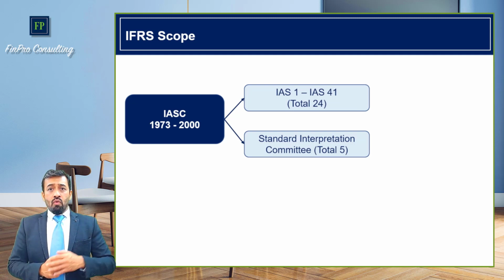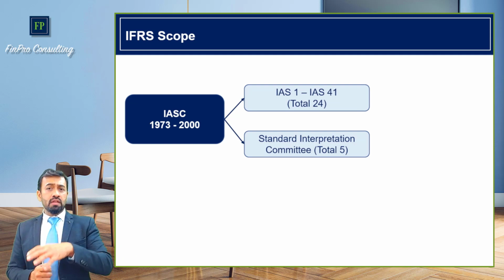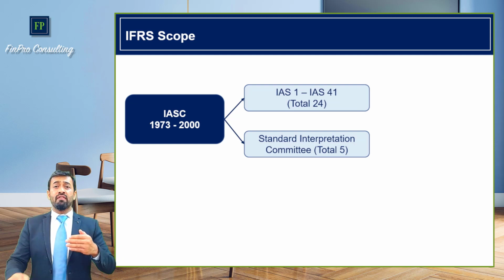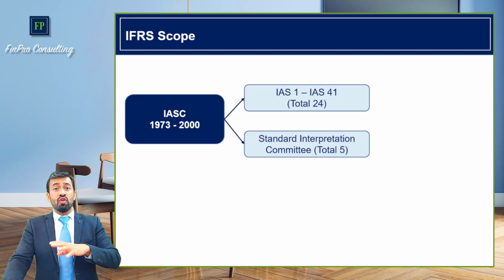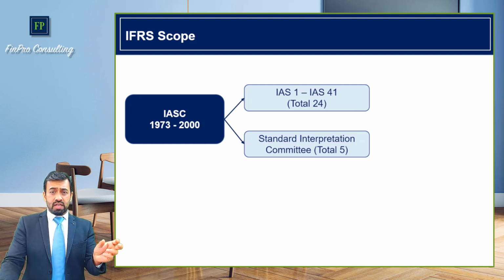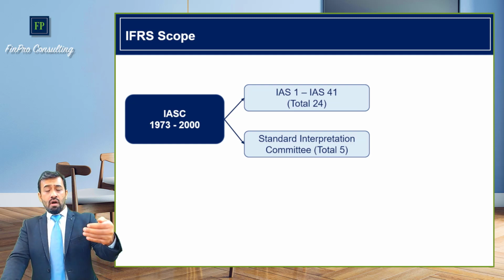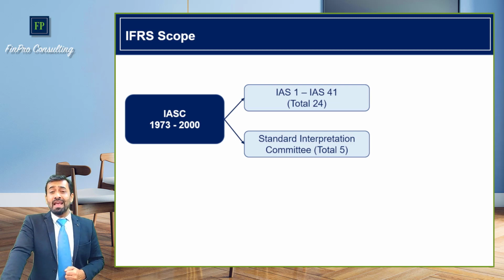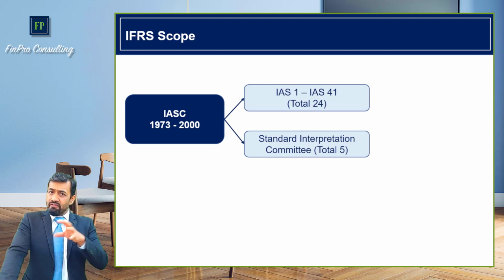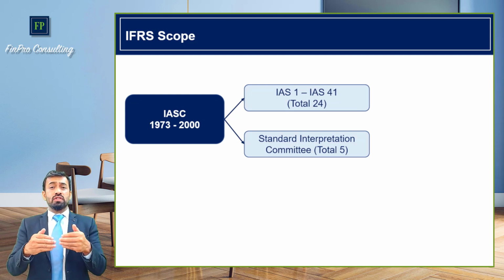Subsequently, when people started using these international accounting standards, there were also common questions which were not answered in the accounting standard. Those were thrown to the IASC to give certain guidance on. The standard was not revised, but the guidance was required.